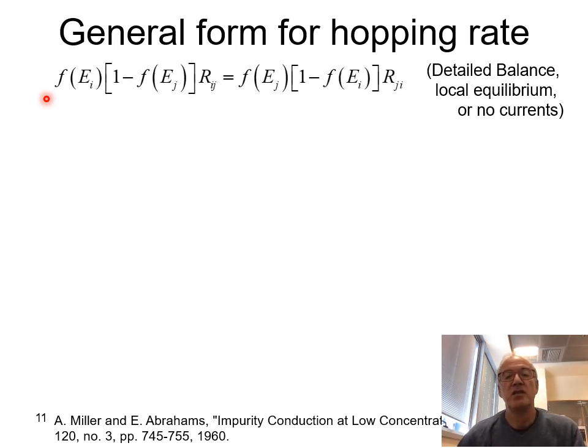So really this is what it means. We have an expression for the current going from the I site to the J site, which is the probability for the I site being occupied, the J site being empty, and the hopping rate from I to J, that we would be interested to know what it should look like.